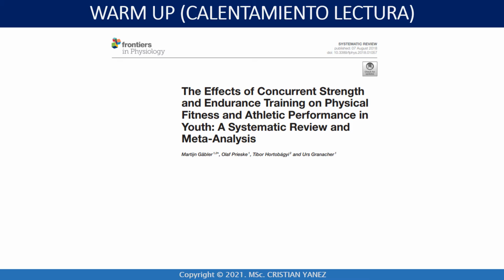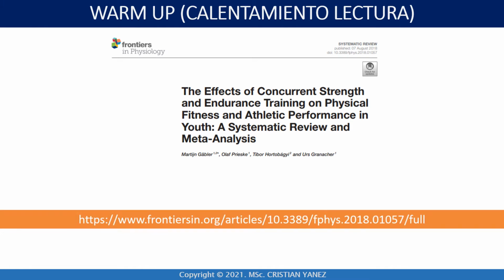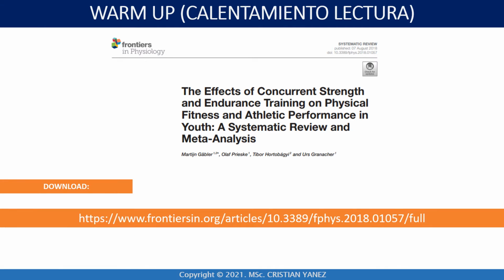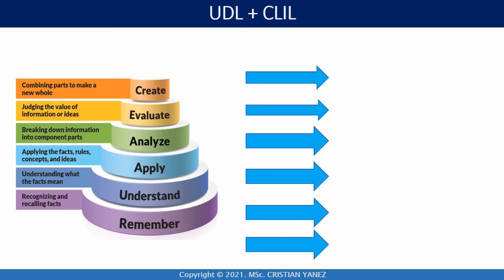Before that, you have a warm-up activity, and you can download this article about the effects of concurrent strength and endurance training on physical fitness and athletic performance that supports your activity. Don't forget, first read the article and take the keywords about the adaptations in athletes.